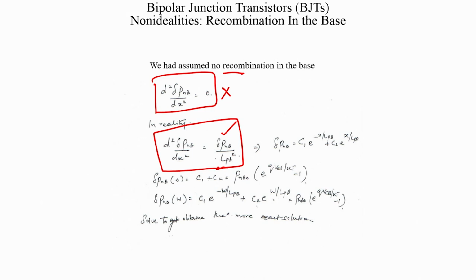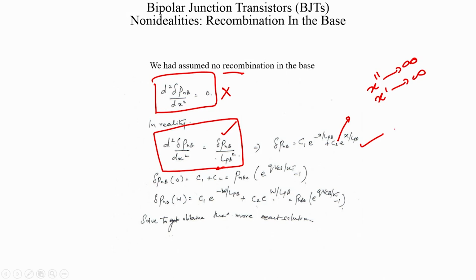This is similar to the differential equation we used for the collector and the emitter side, and therefore, we already know the solution. It will have two exponents, but the key here is in the case of the collector and emitter, we could get rid of one of the coefficients because of the condition that as x double dash went to infinity or when x dash went to infinity, the excess carriers became 0.